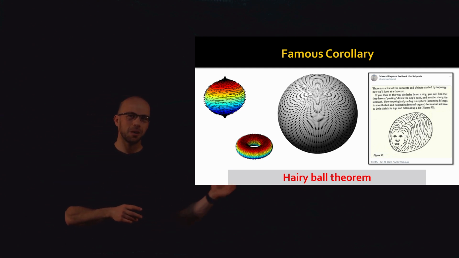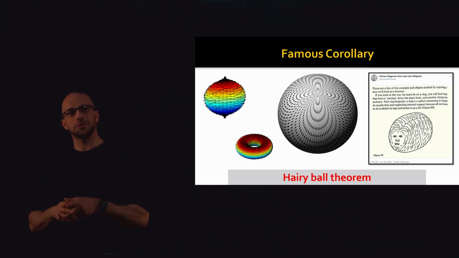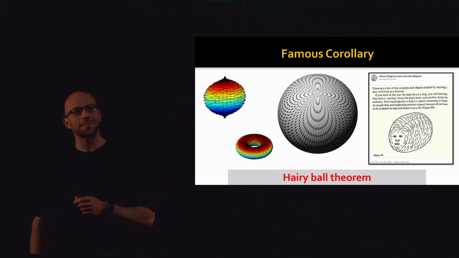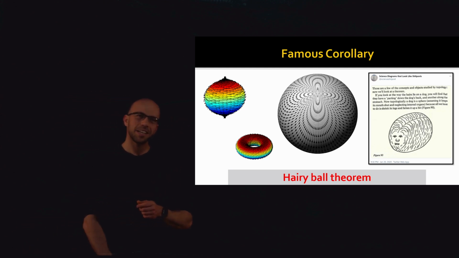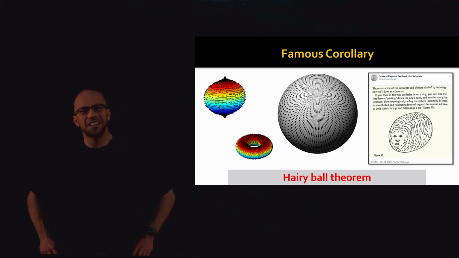In fact, in the middle of the slide here, I show you a really interesting construction. It's very easy to make a sphere with two tufts on it, like what you see on the upper left. You can actually make a vector field with only one tuft on a sphere, which is illustrated on the right, but that construction is a little bit subtle.